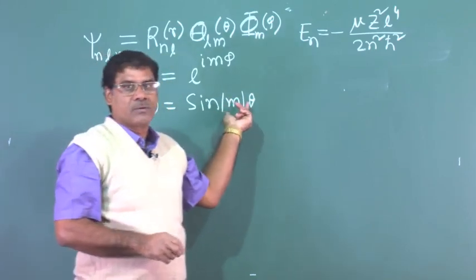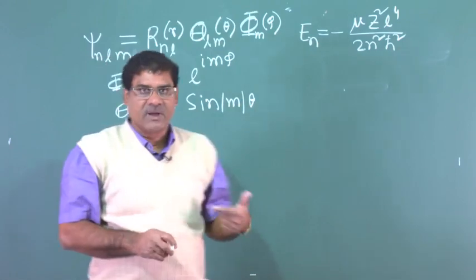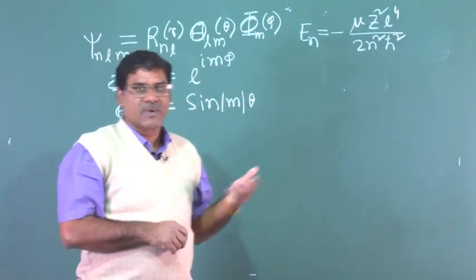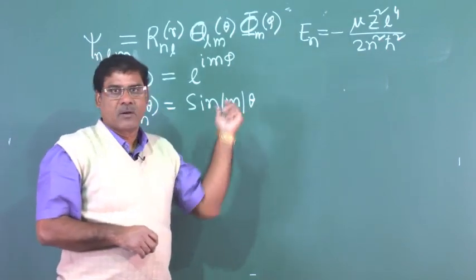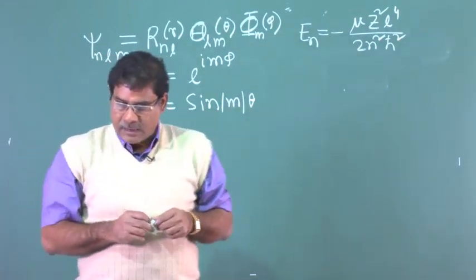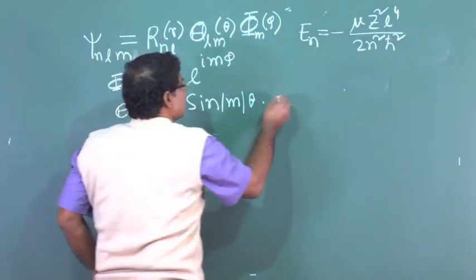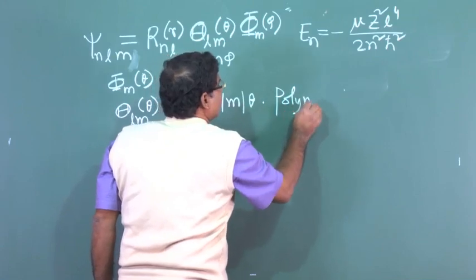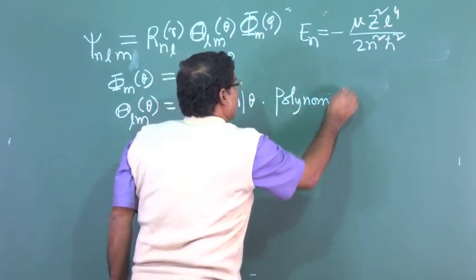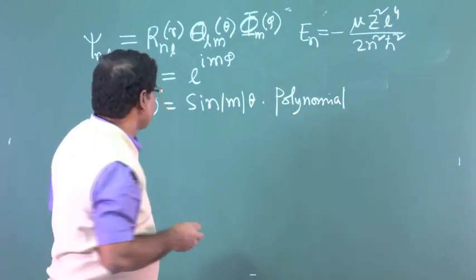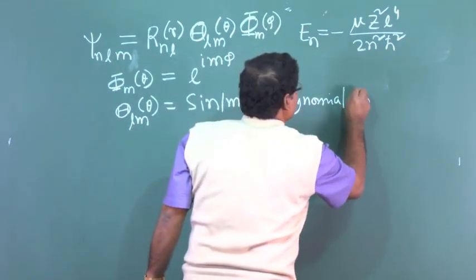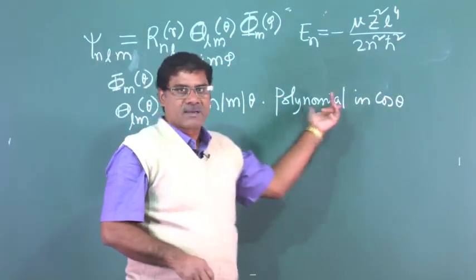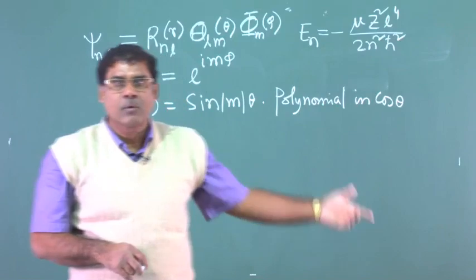The mod m means a positive value, because m value can be plus or minus, so here just the positive value, and then some polynomial in cos theta. What is this? This is basically the Legendre polynomial.